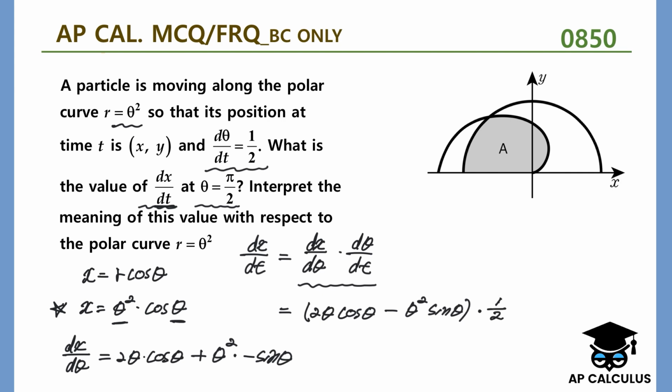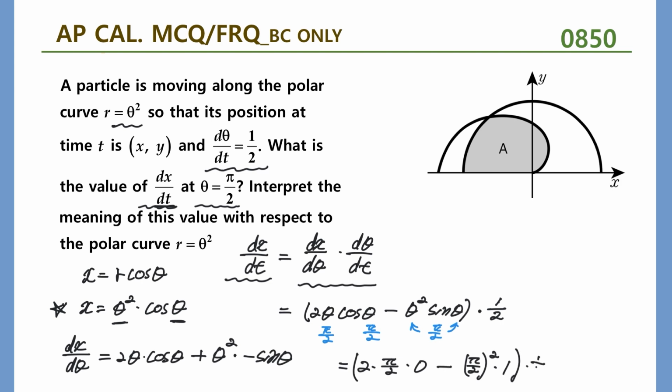So far so good. And we are looking for this derivative when theta is equal to pi over 2, so we're going to substitute pi over 2 for theta. That's going to be equal to 2 times pi over 2 times cosine pi over 2, which is 0, so 0 minus pi over 2 squared times sine pi over 2, which is equal to 1, times 1/2.